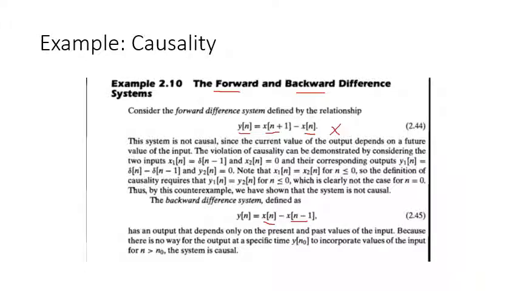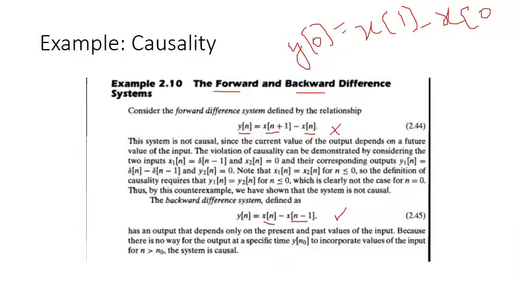Here output will depend on current and previous, so this is okay. Even if you solve it, if I put n equal to 0, this will become y of 0, and this will become x of 1 minus x of 0. According to the definition, this is k, and k should be less than n.